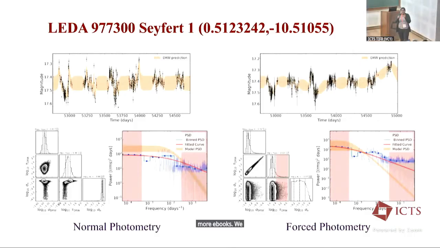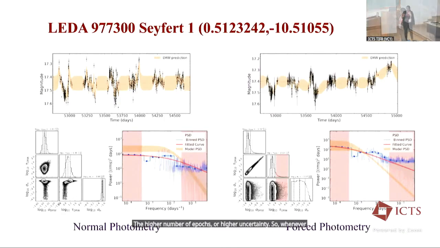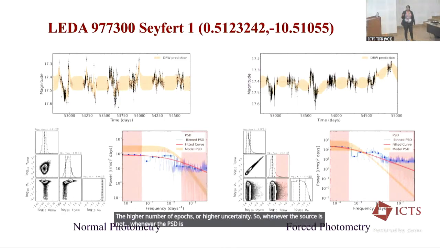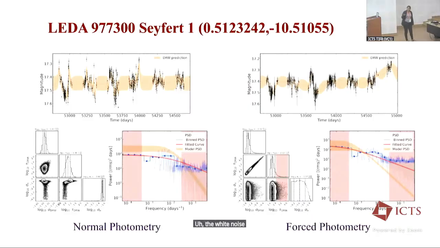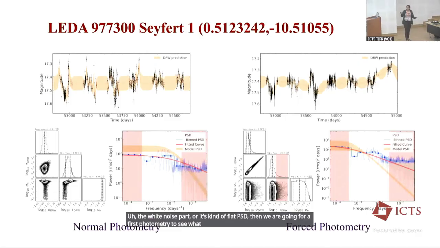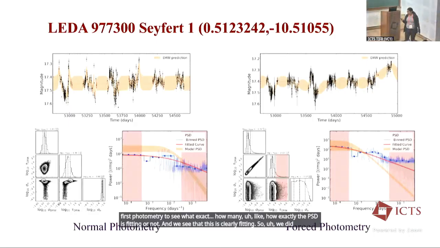We are now dealing with a higher number of epochs or higher uncertainty. So whenever the PSD is not probing the white noise part, or it's a flat PSD, then we go for forced photometry to see how exactly the PSD is fitting, and we see that this is clearly fitting. So we did our analysis both ways.